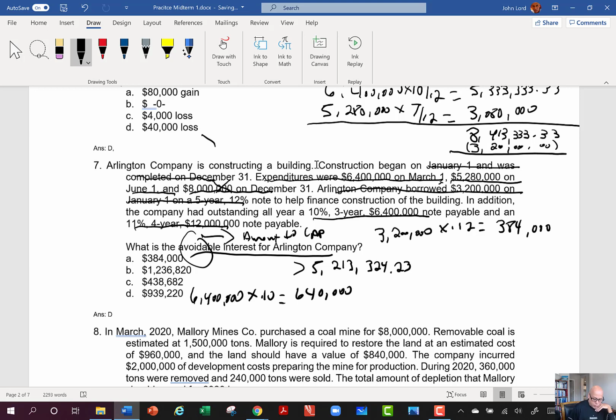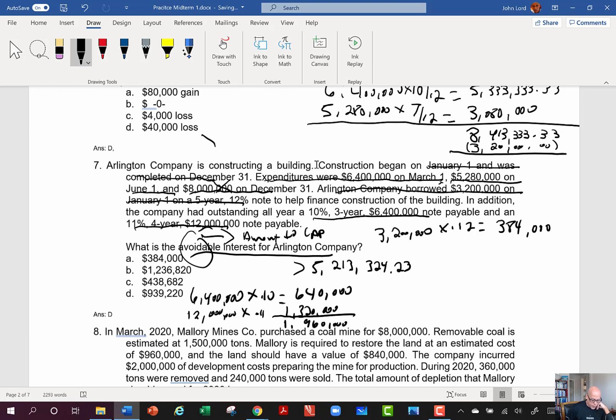Then $12 million times 11% interest is $1,320,000. Now when you add those two amounts up, that becomes $1,960,000. That's the total interest on that.